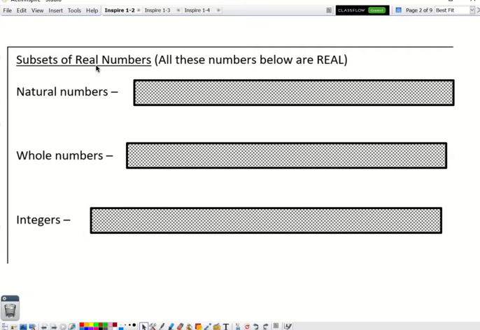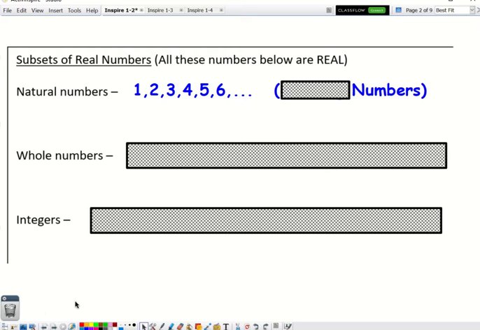Subsets of real numbers. And again, all these numbers below are in fact real. There's the natural numbers. Perhaps you remember what the natural numbers are. Well, the natural numbers have a secondary name, the counting numbers, because they are the numbers you use to count things.